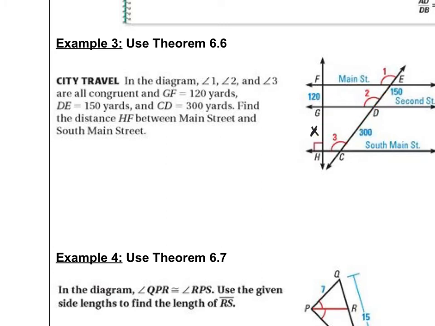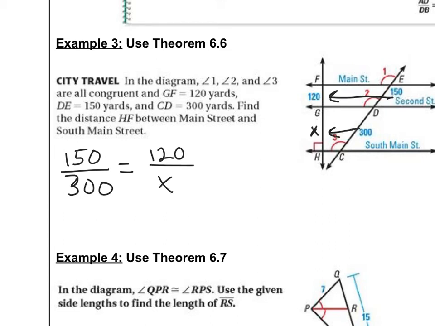So I'm going to say 150 over 300, and make sure we're coming from the same part of the transversal, should be equal to, so if 150 is here, I'm going to go here with 120, 300 is here, so it's going to correspond to X.